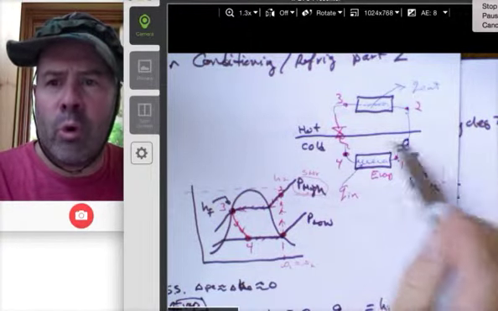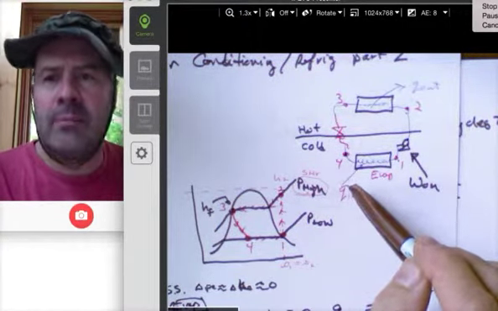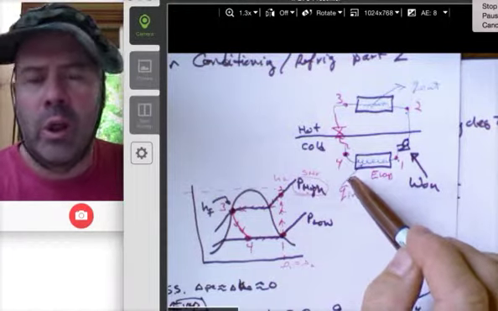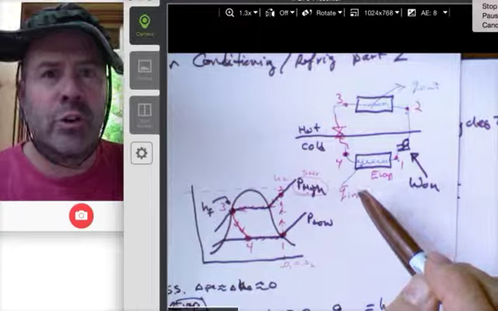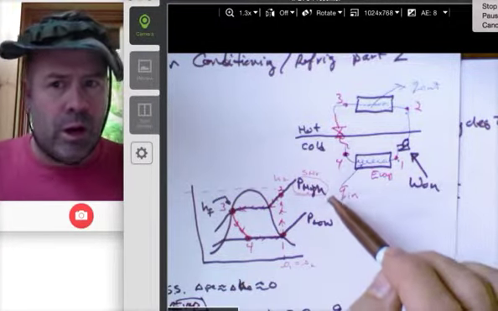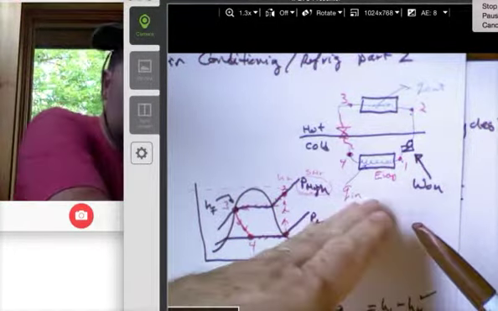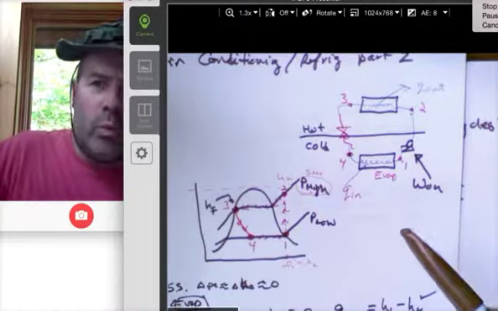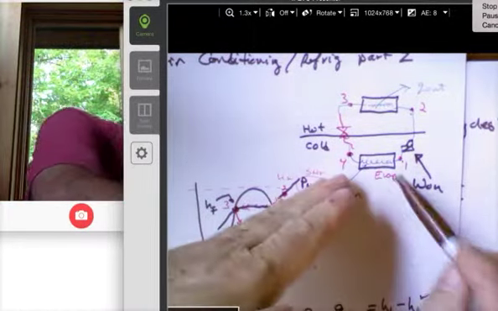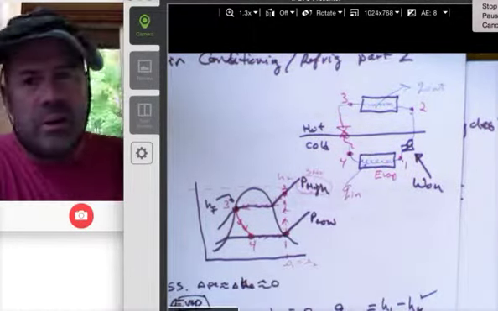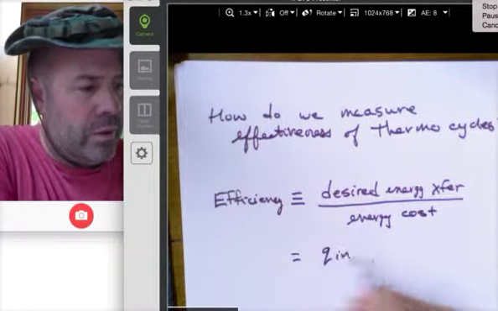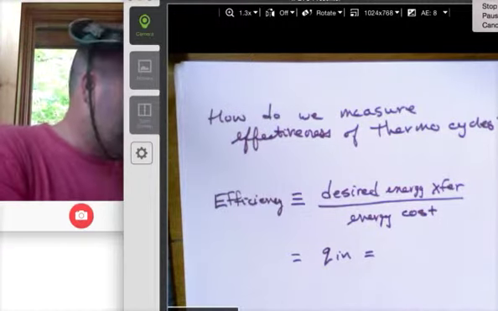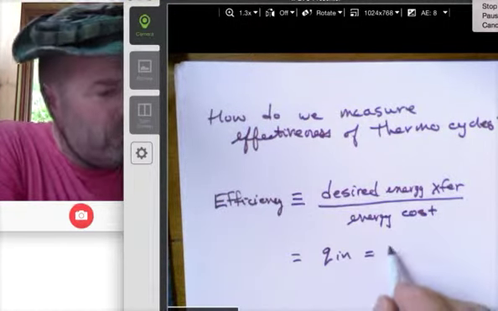And that was the whole idea. How do we keep the refrigerator cool? How do we keep the freezer cold? How do we keep the temperature in our house nice? It's the heat we take out of the house, and put into the coolant. So the desired is our Q in, or we decided that that was H1 minus H4.